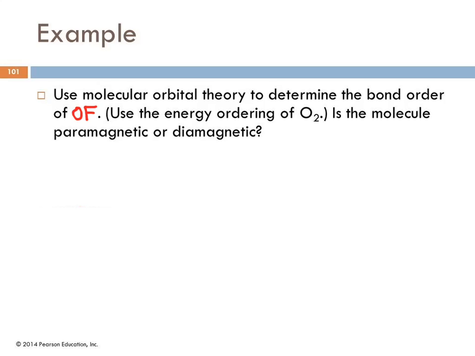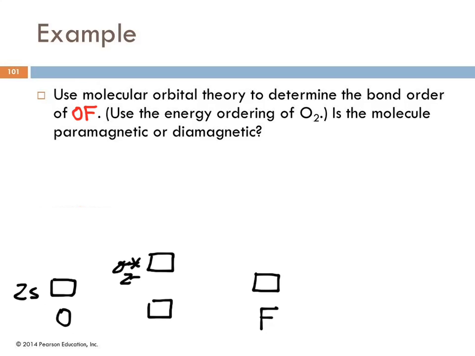Okay. I really just need some sort of a template or something here. Okay. So here we've got oxygen, and here we've got fluorine. And I'm just going back to my little boxes. And we've got 2s, right? And they're going to make the sigma star 2s and the sigma 2s. So these two orbitals are the linear combination of these two orbitals, 2s.